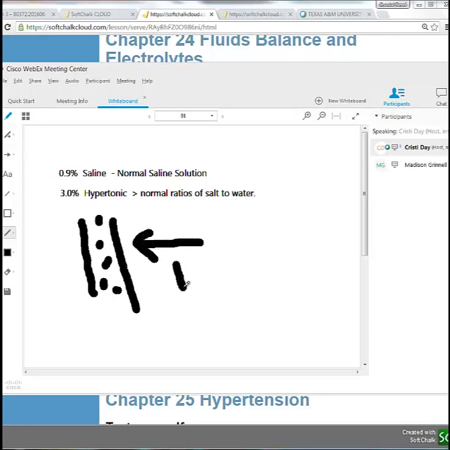Right. So that seems so simple, right? But that's a lot of what you need to know. If you have more salt inside of the vessel, it's going to pull water from the tissues and from the extravascular areas, whether it be the cells, the muscles, all the areas that are not inside the vessel. And so when you get more water inside of the vessel, then it's going to increase the pressure against the walls of the vessels.